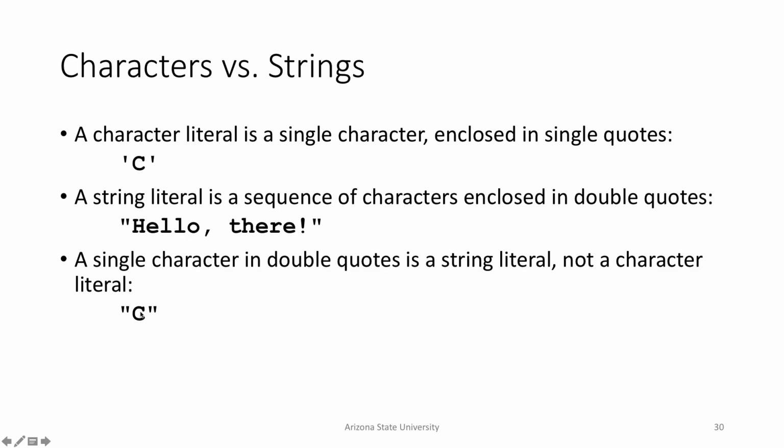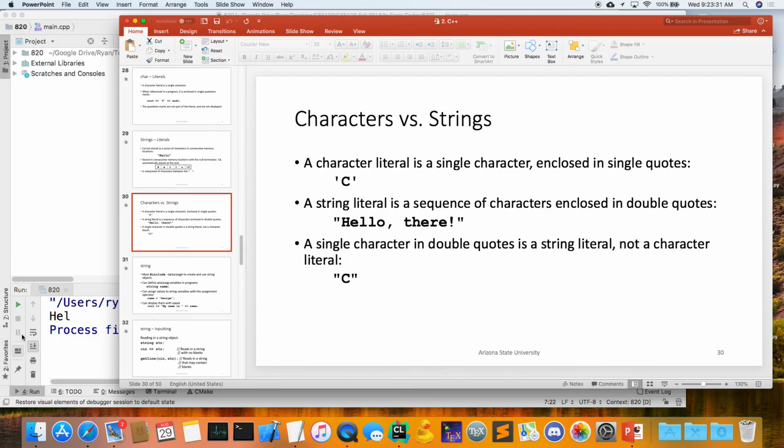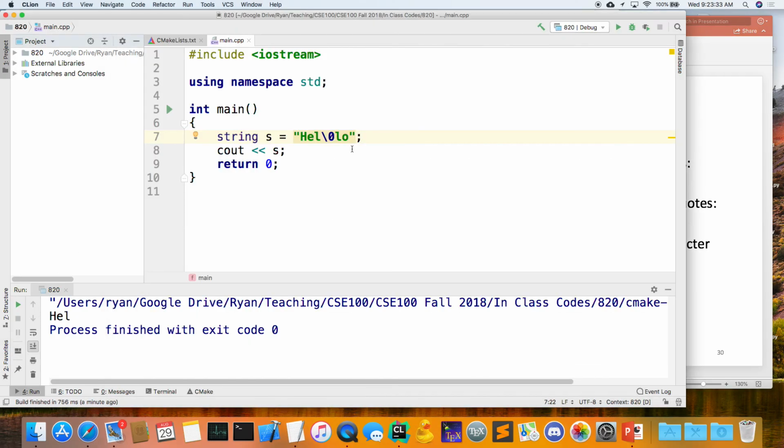Could I, in principle, have two double quotation marks with nothing in between them? What is one way that I can test whether that's a good idea or actually works? Just run it. So anytime you're not sure whether something in C++ actually works, make a program to run it and check whether you're right or not.